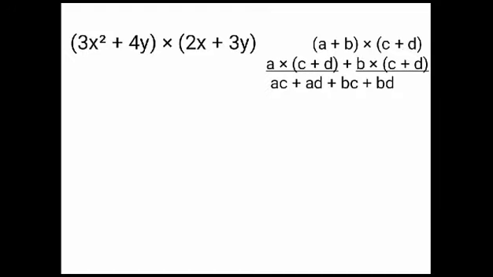When you are solving this sum, you have to use this formula. So let's start solving. In place of a, take 3x square. In place of b, take 4y. In place of c, take 2x. And in place of d, take 3y. And then finally you have to solve like this.